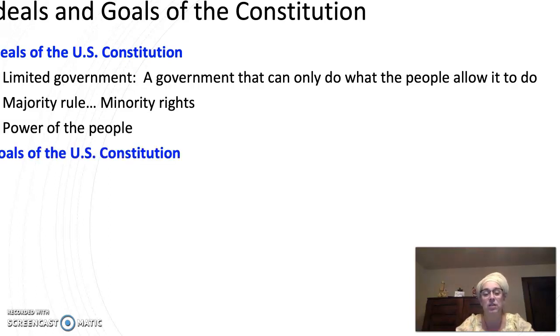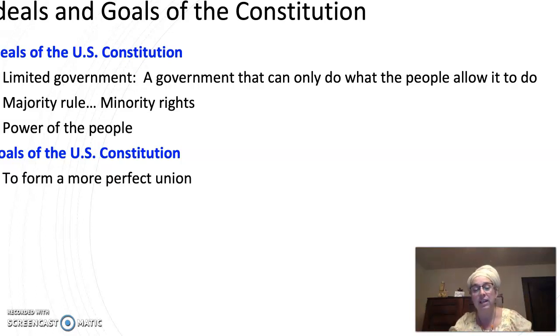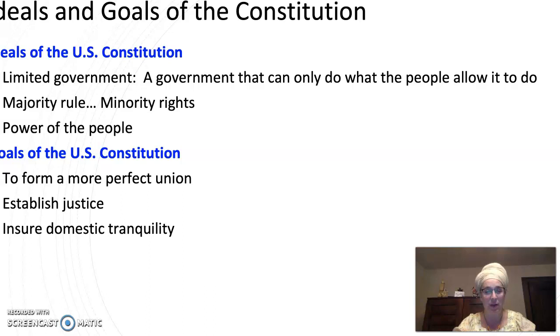The goals of the U.S. Constitution are several. So remember, in the Declaration of Independence period, we had the Federalists and the Anti-Federalists. Now we have these states coming together as one, so they'd like to form a more perfect union. They'd like to establish a system of justice that is fair to everyone. They would like to ensure domestic tranquility because they do not want civil unrest within their country.